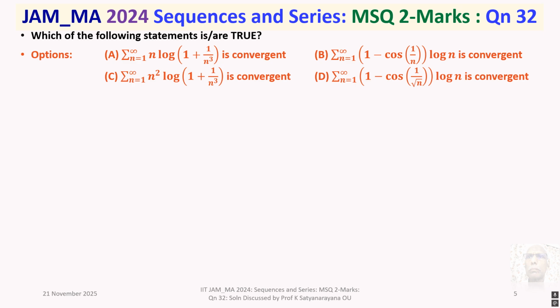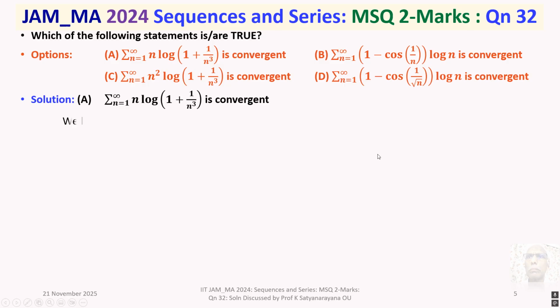Let's now discuss the solution of the problem in detail. We first take the statement that is given in option A, sigma n equals 1 to infinity n times log of (1 plus 1 by n cube) is convergent.